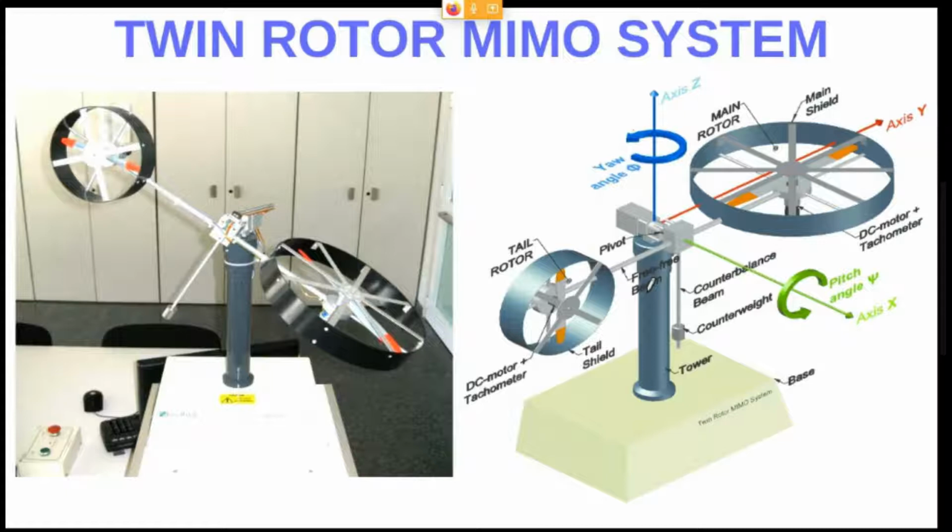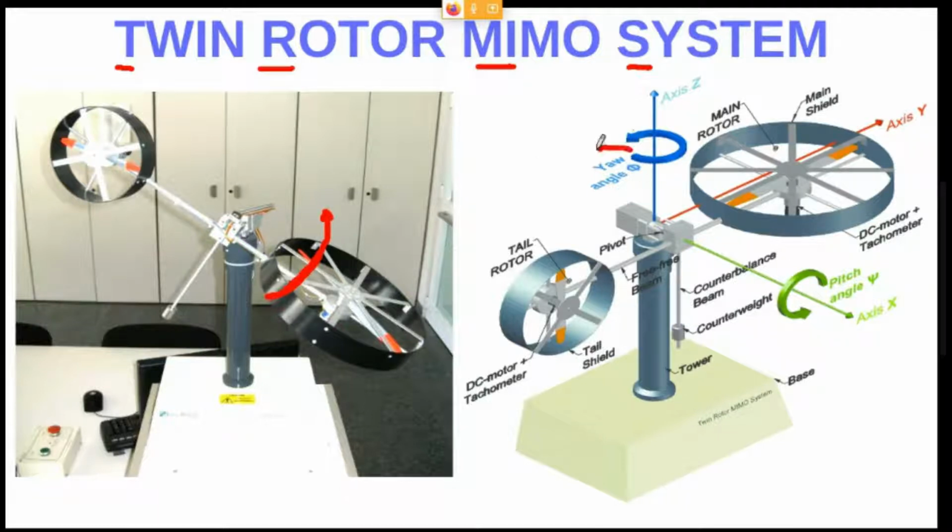The outputs will be the yaw angle in here, because this TRMS, from now on it will be the TRMS system, right? This TRMS can move this way, so side to side in here, right?